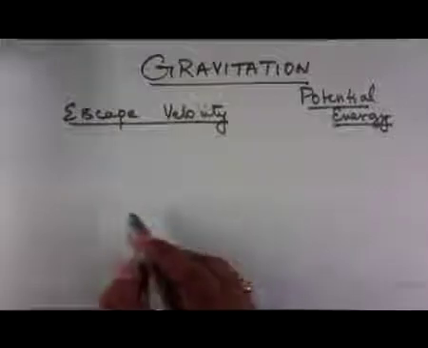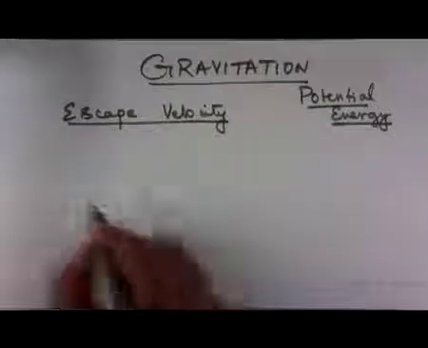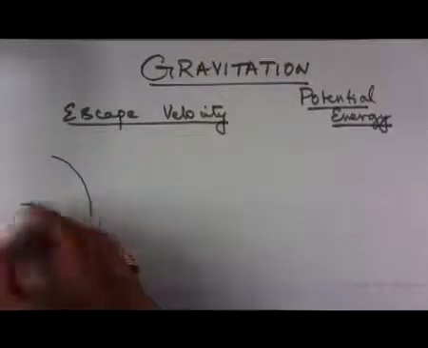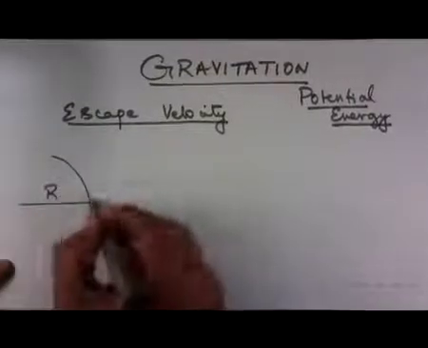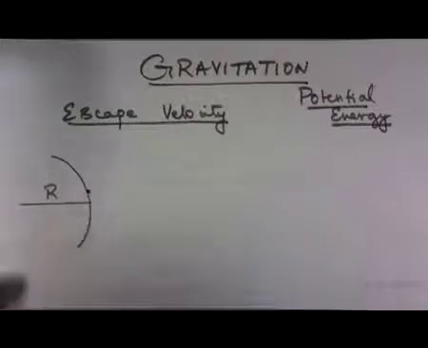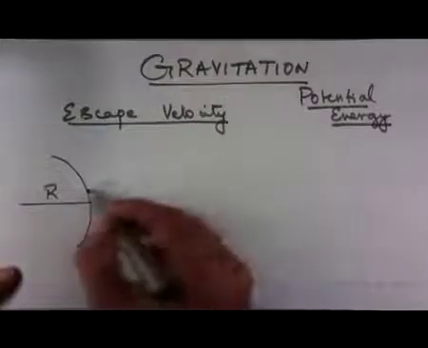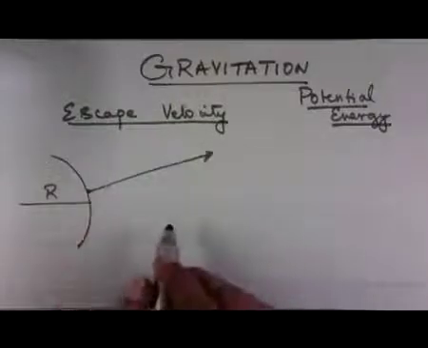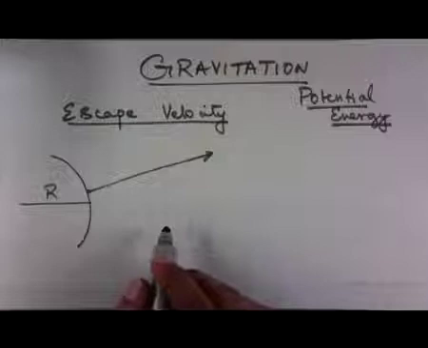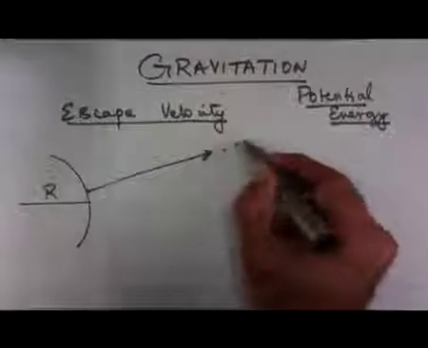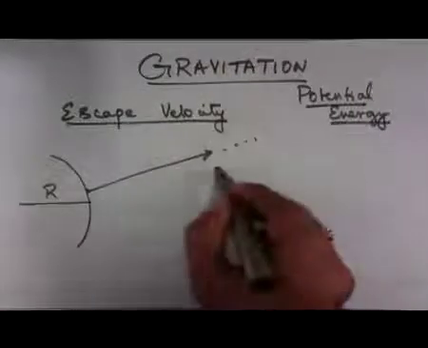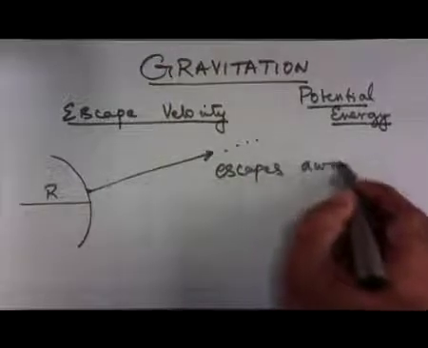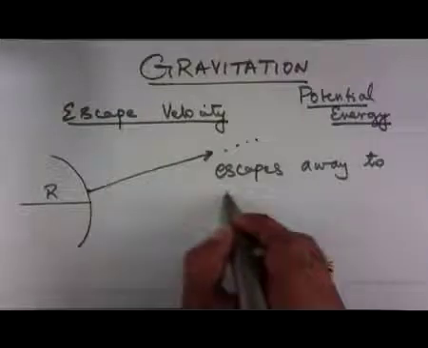So what I did was to imagine that I have the surface of the earth, this is my radius r, and there is a body here which has to be shot, let us say perpendicular to the surface at that particular point, so that it escapes away to infinity.